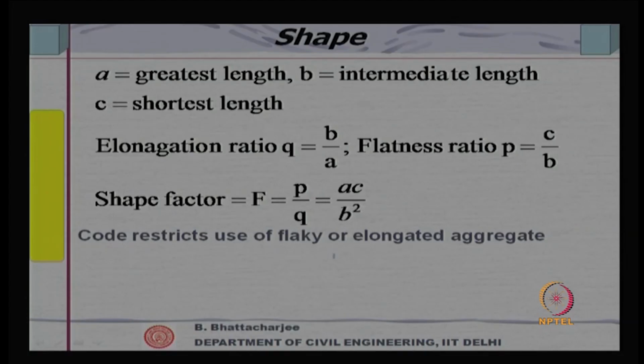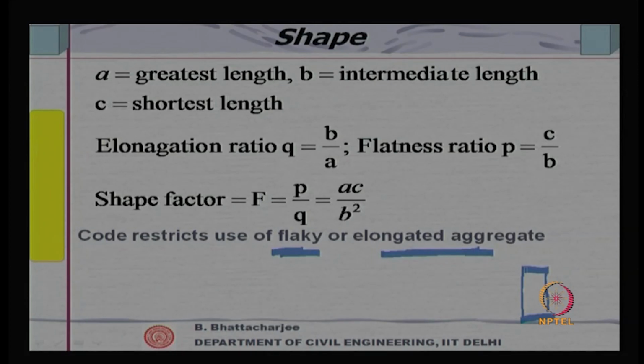Basically all codes will restrict use of flaky or elongated aggregates, because they would normally create planes of weakness when you put them together.